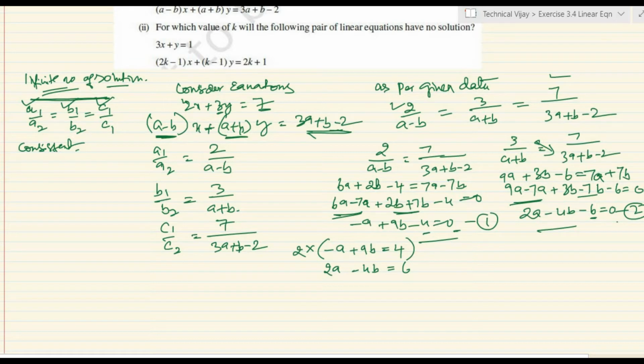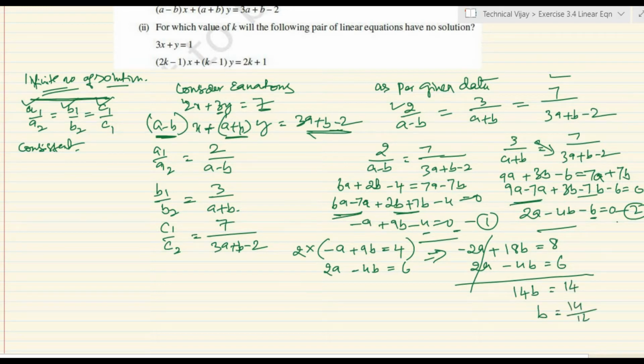So this becomes minus 2a plus 18b is equal to 8, and this is 2a minus 4b equal to 6. So these two equations we will add so that they get cancelled. See here, minus 2a plus 2a, 18b minus 4b, so 14b is equal to 8 plus 6, 14. So b is equal to 14 divided by 14. So b is equal to 1.